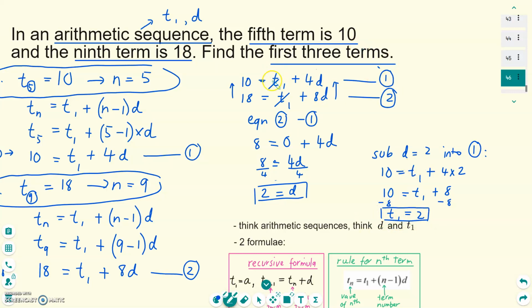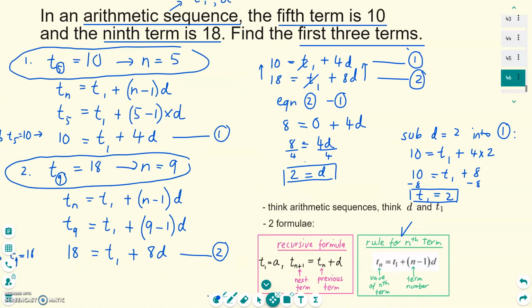We come back to the question. It says find the first 3 terms. So we have used up this nth term formula nicely to form 2 simultaneous equations. Now, the easiest way to generate the first 3 terms or 5 terms, whatever, if it says the first few, is to use the recursive formula down here.